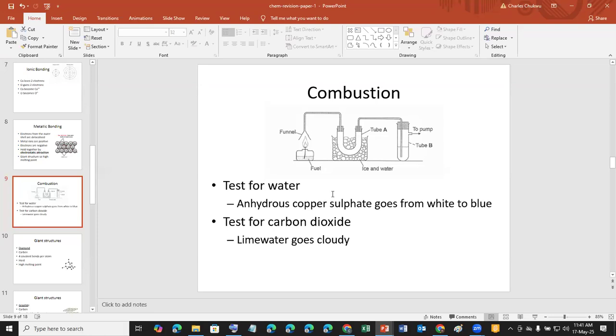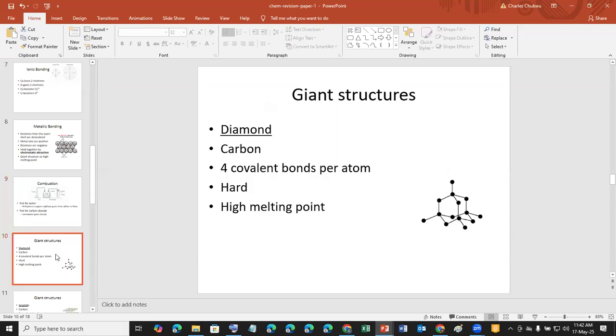By the time you introduce carbon dioxide, it forms a compound that makes the lime water, which was clear before, become cloudy or milky. And that's why you have that setup. But not too much detail was given for the reaction, so I'll just move on to the next one.